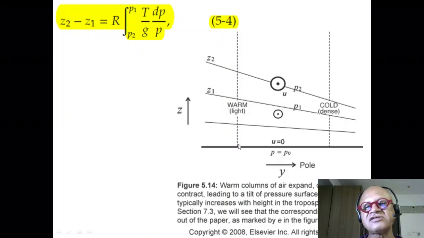What this is saying is, as you go up in height, the slope of the pressure surface continuously increases from the pole towards low latitudes, or is continuously decreasing, a negative slope here, going from being very high in the tropics to decreasing towards the poles, but the slope is higher at higher altitude.